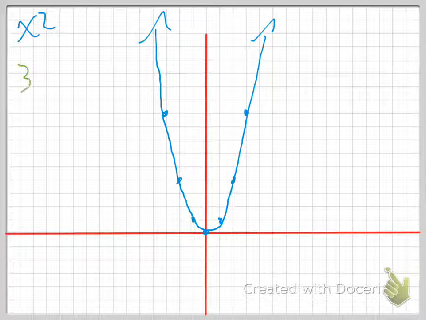So I'm going to do 3x squared. 0, 0, 1 and 3. 2 and 12. And I'm just going to do those two for right now. And since it's axis of symmetry over the y-axis there.